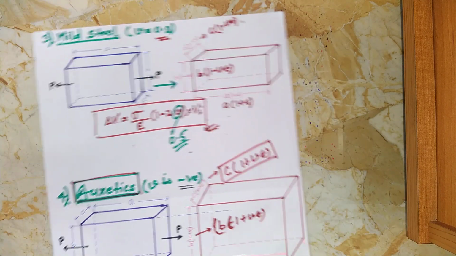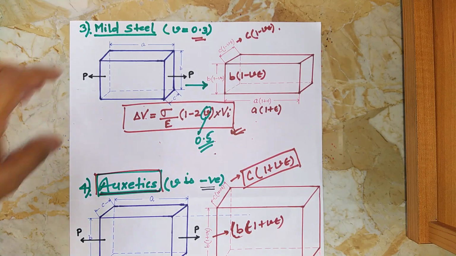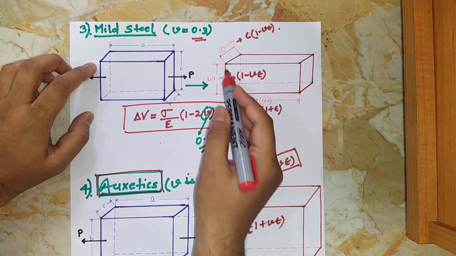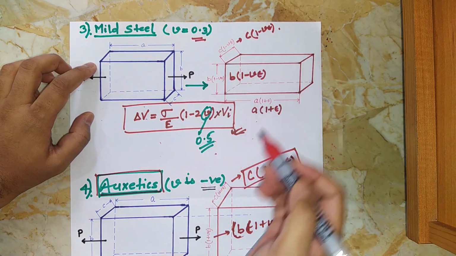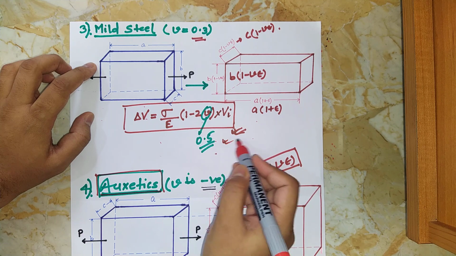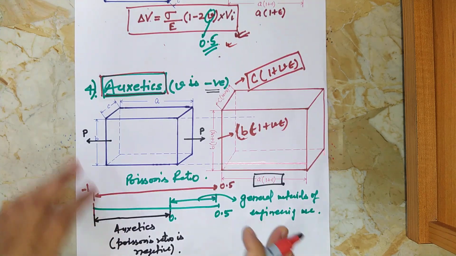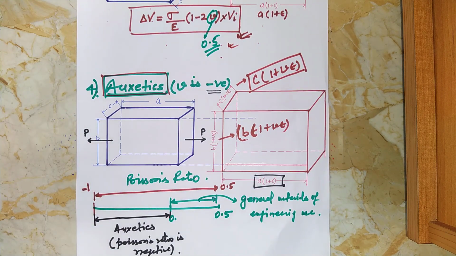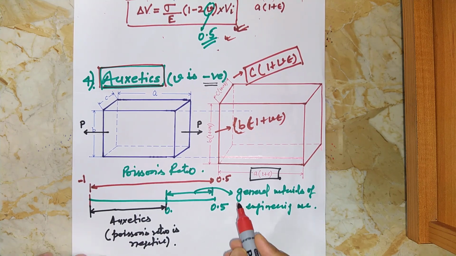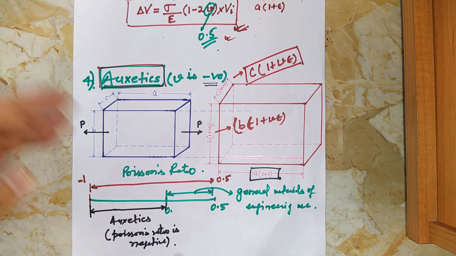Third example that we saw is of a mild steel, wherein dimension changes take place in all the three directions, giving a tangible value for the change in volume. And fourth example is the special case of auxetics, wherein Poisson's ratio is negative, in which, in addition to elongation in the axial direction, instead of contracting in the lateral direction, it is elongated in the lateral direction also.